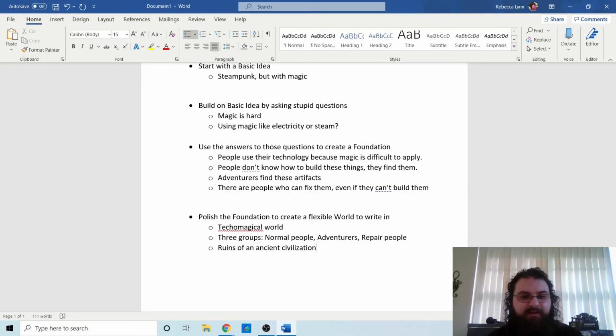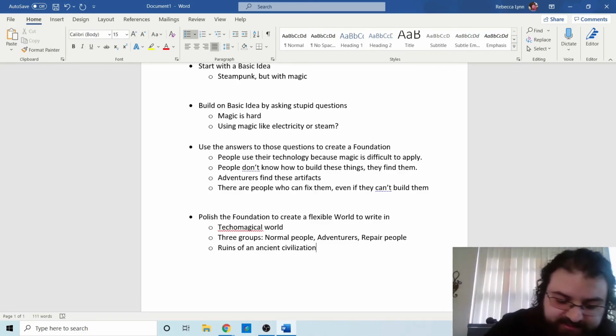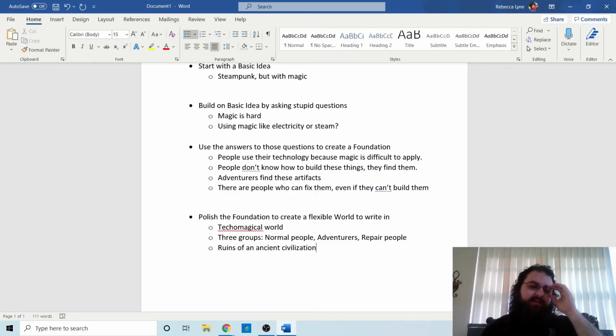So now we've got a little bit more built up, because now we have a role for the adventurers to play and how they fulfill that role. Cool. So now there's a couple of other questions that I can ask, and most of them are no longer basic.